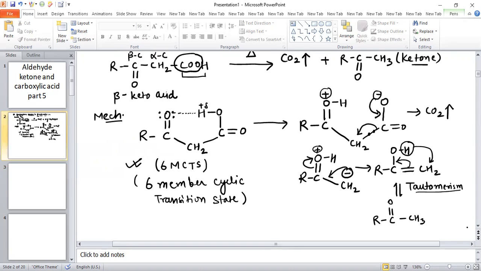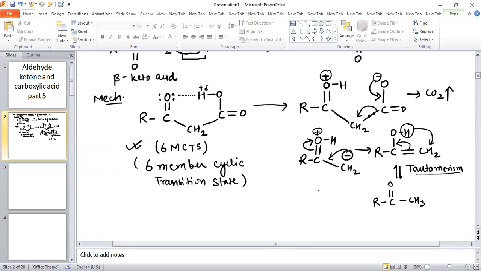Now you can easily say that a carbanion is formed after removal of CO2.